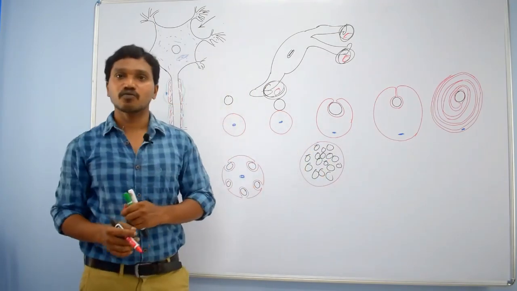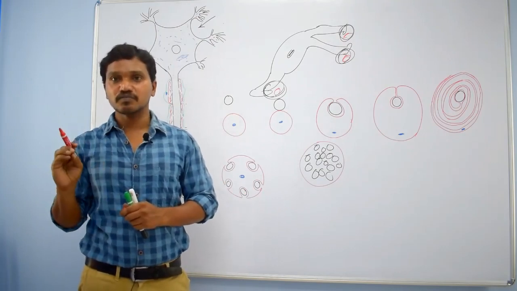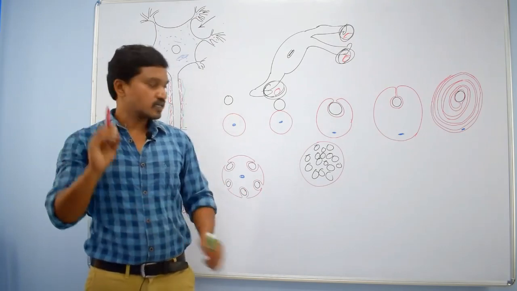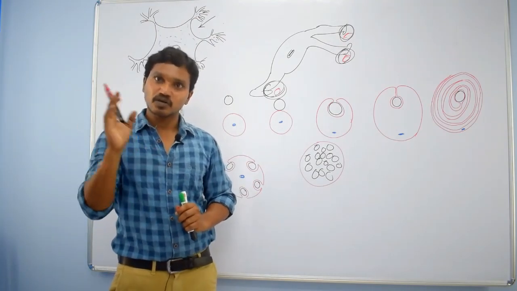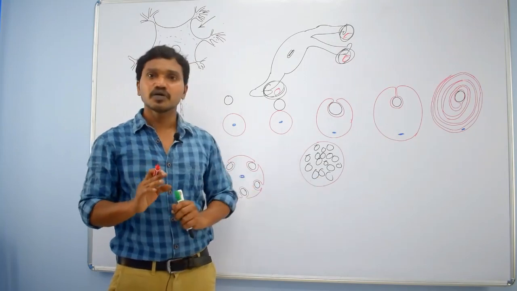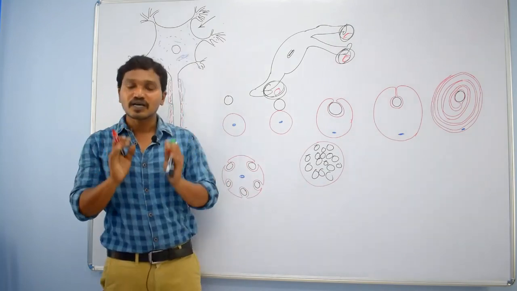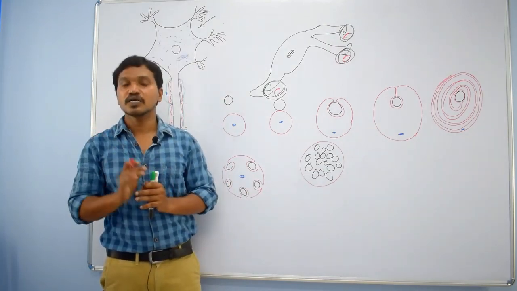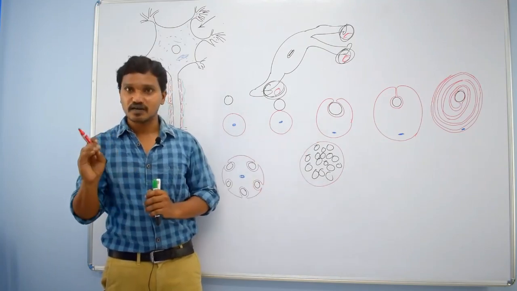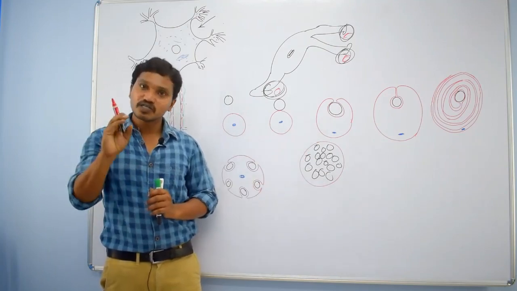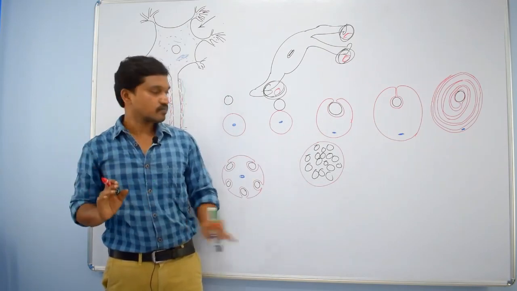This collection we call ganglion in the case of the peripheral nervous system and nuclei in the case of the central nervous system. Of course, grey matter is also a collection of nerve cell bodies only. A collection of neuronal cell bodies in the peripheral nervous system is ganglion, and a collection of neuronal cell bodies in the central nervous system is nuclei or grey matter.